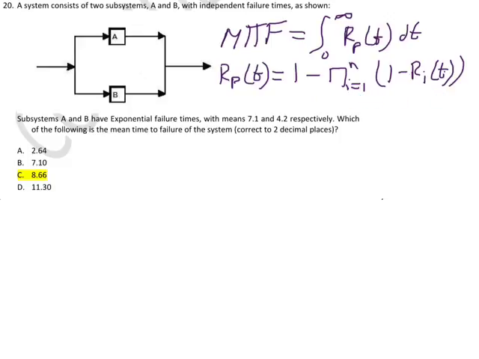And if you're wondering why this is the way it is, I'm just going to scoot across to a new page for a second. If we're looking at the case where we've got a parallel system, let's draw one out, then the only way that this system fails is if both A fails and B fails.